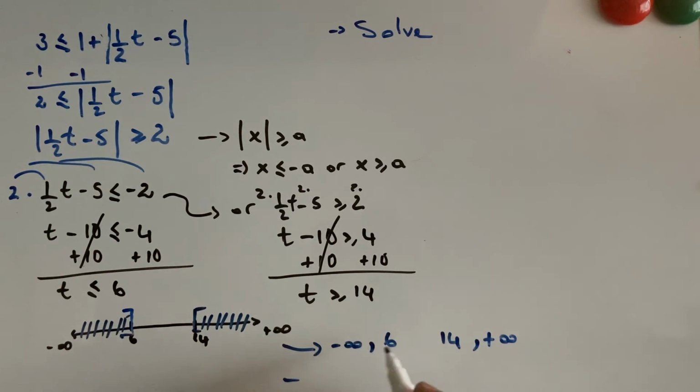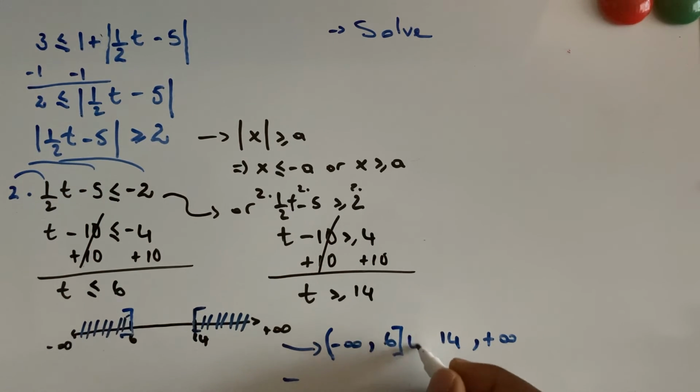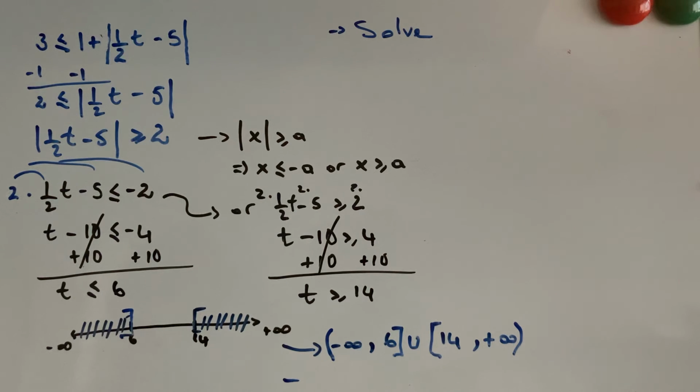These are the solutions. On negative infinity and infinity, you have to use parenthesis, and I have a bracket on 6, union, bracket on 14, and parenthesis always on infinity. So this is the solution.